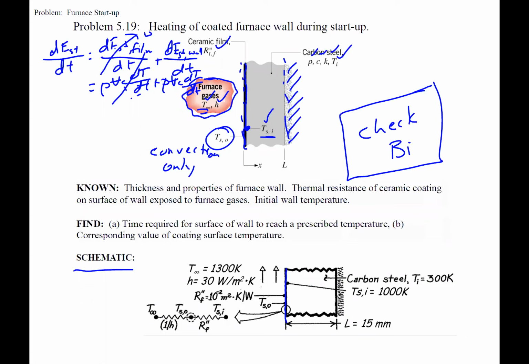So if we neglect the energy stored in the film, we can think about the film as automatically going to steady state. If there's no energy stored in it, it's like a thin wall, like a surface that we dealt with. When we do conservation of energy on a surface, there's no energy stored in it. If we do that, we can set up a thermal circuit for just the film.